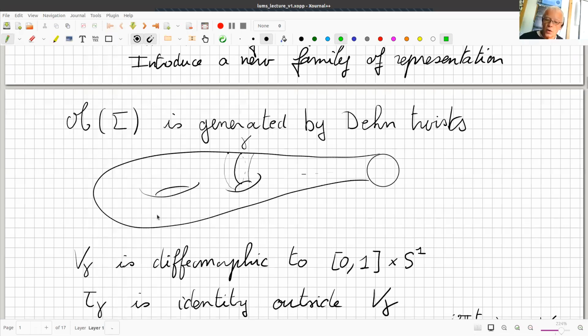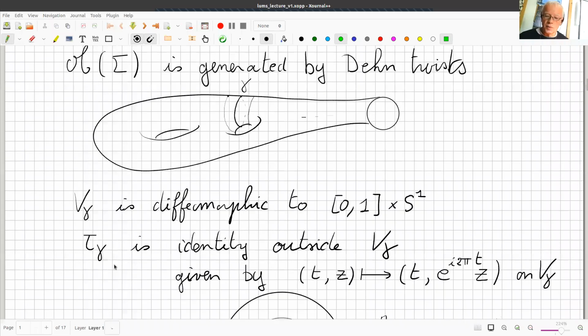And so we define tau gamma, which will be the Dehn twist associated with gamma. This Dehn twist is identity outside of V gamma. And in the neighborhood of gamma, it's just given by this very simple equation.